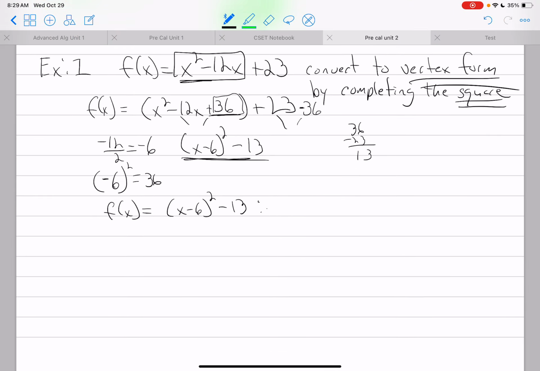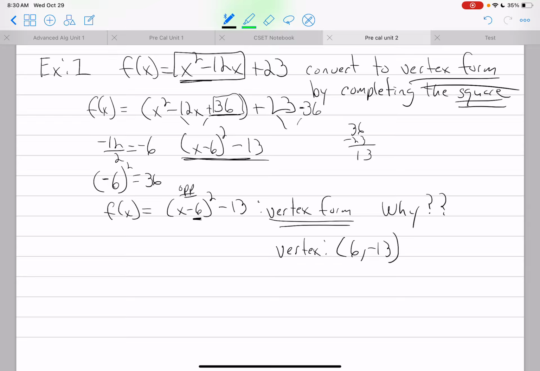This is vertex form. Why is it vertex form? Well, it's vertex form because I know that my vertex, which we've talked about before, is 6. Remember, it's the opposite of here. So it's 6, negative 13.